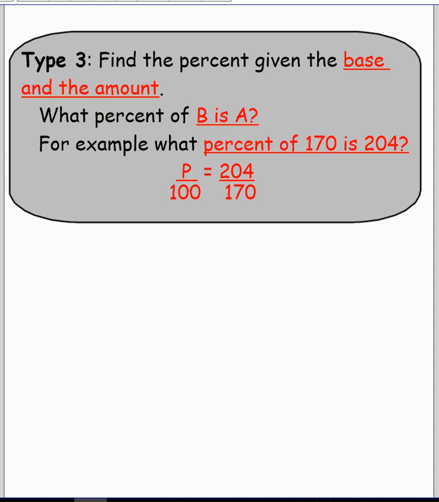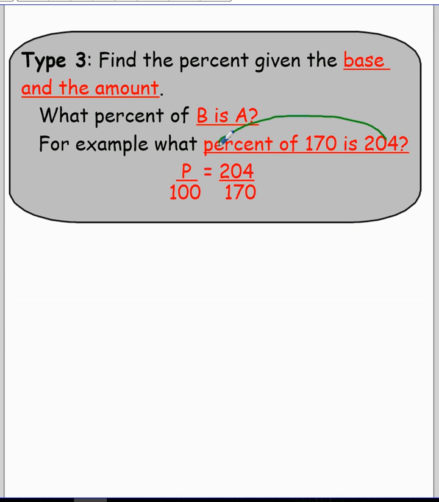And then lastly, sometimes the percent is the piece that we need to find, given the base and the amount. So what percent of the B value is the A value? Example, what percent of 170 is 204? And so again, is reflects back to the percent.